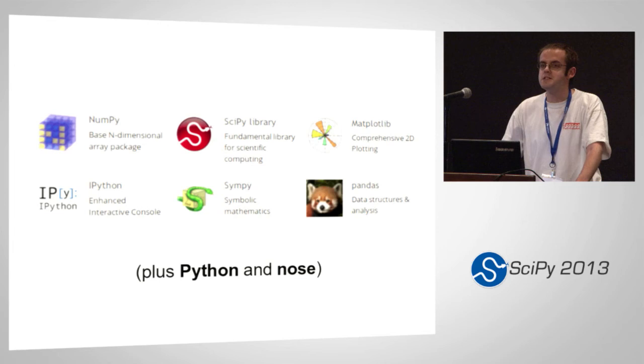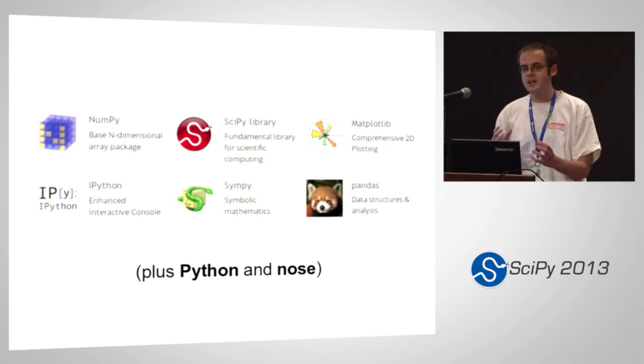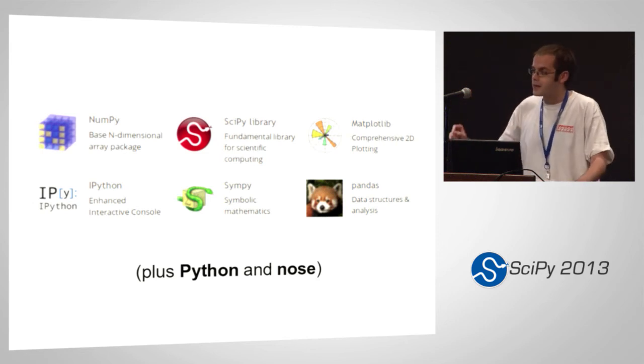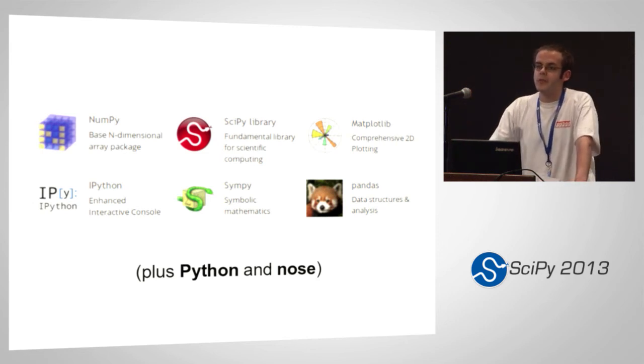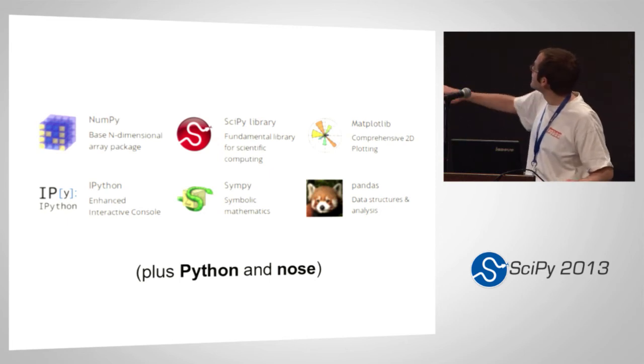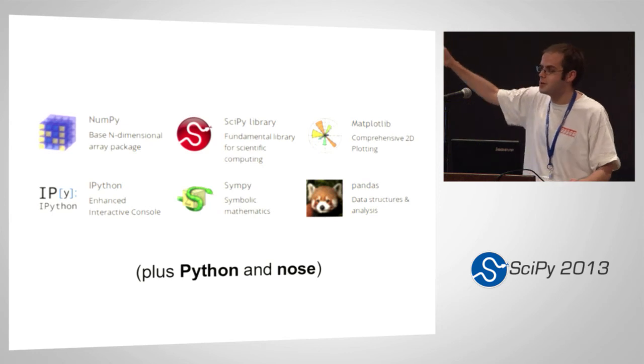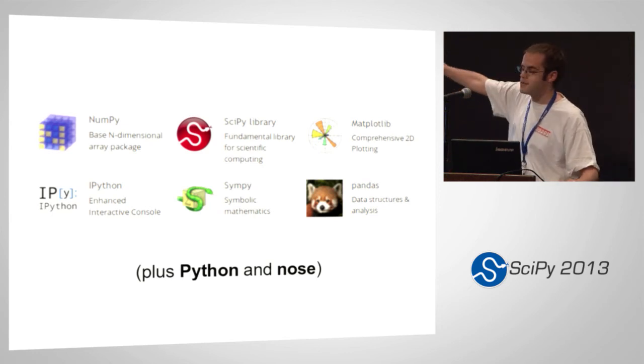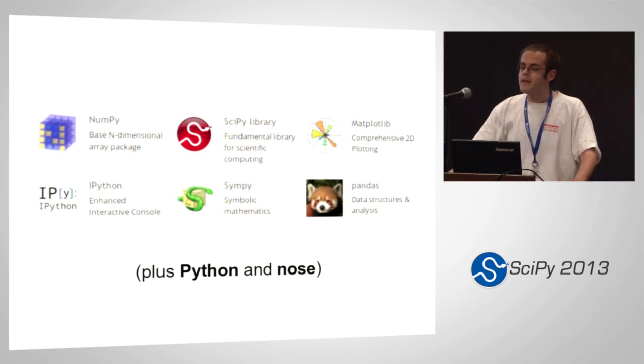We realised that there's kind of an unofficial scientific Python standard library made up of these sorts of packages that all the people in this room have probably got at least the top row of installed, and probably many of you have got the bottom row there as well.